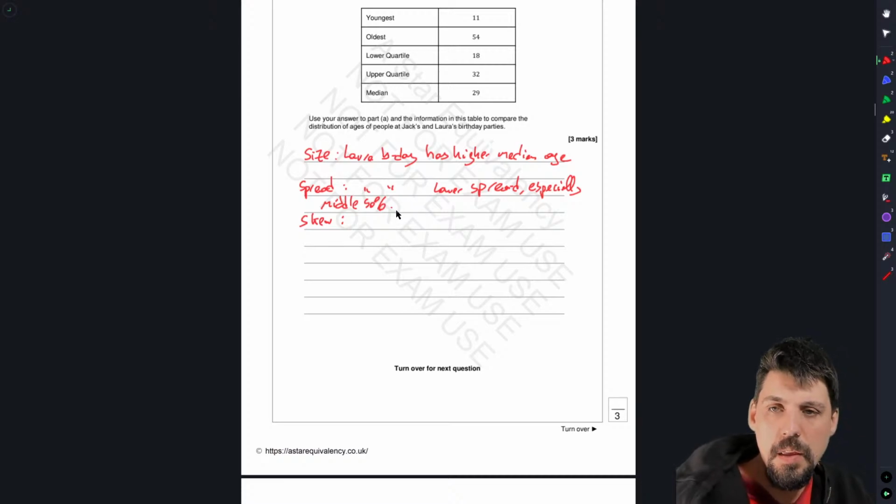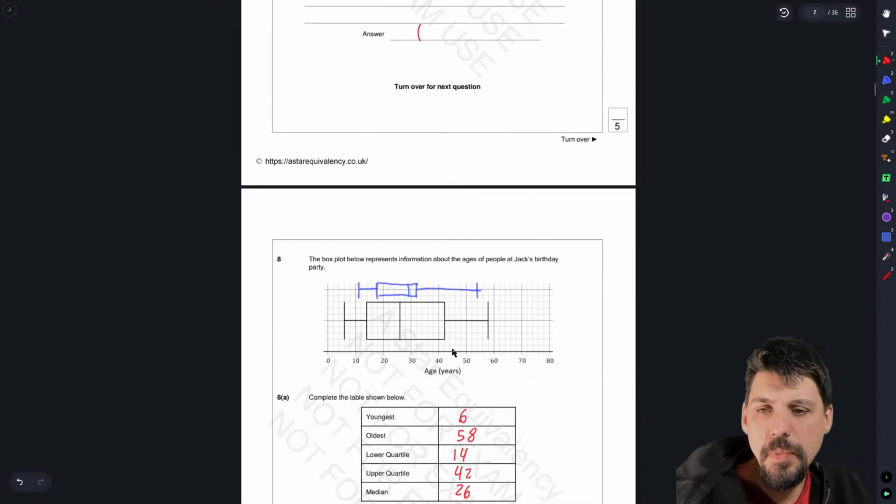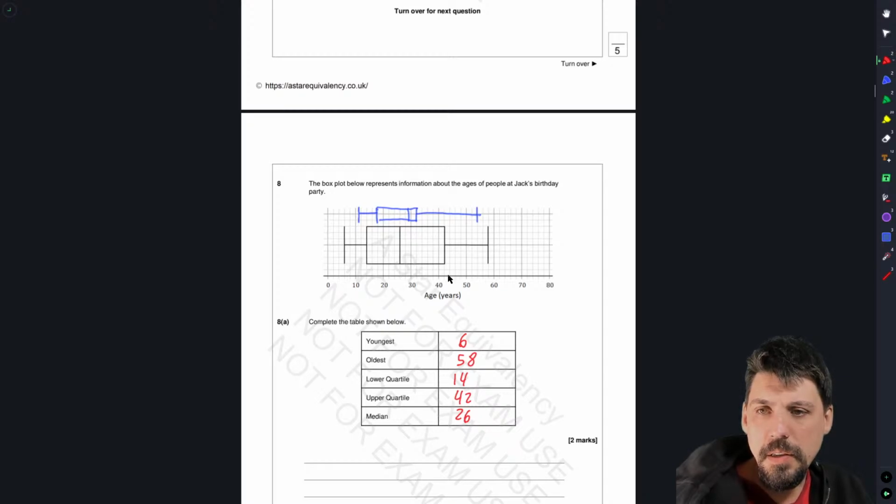And then the skew. So it looks like Jack's birthday is fairly evenly spread out, whereas Laura's has this weird positive skew for this really big tail here. This would indicate negative skew. This would indicate positive skew. We're going to go with negative skew.